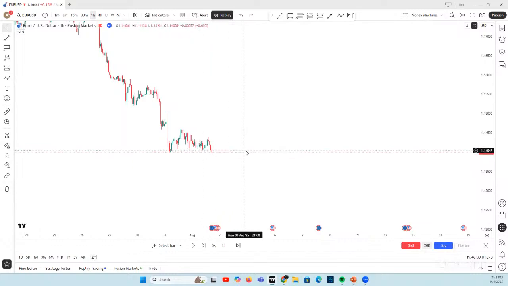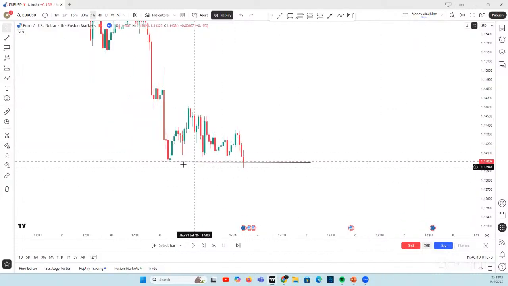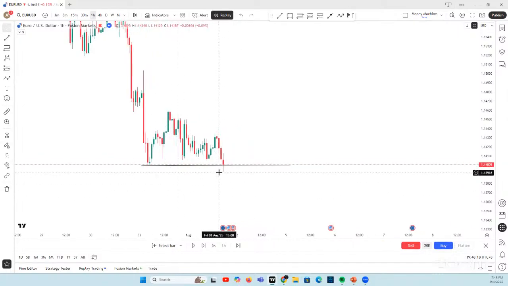It closed above that low, that wick here. If you zoom in, you can see. It didn't close below, so this is still valid.